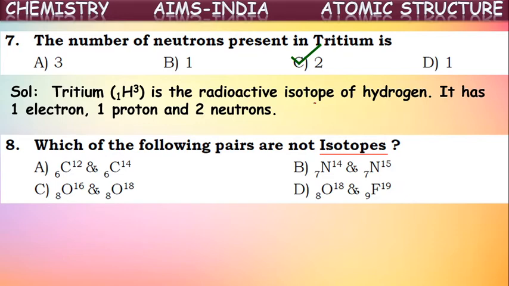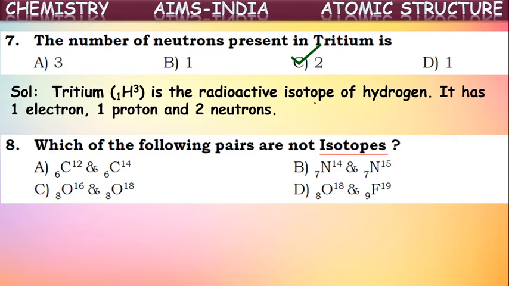These 3 are called isotopes. So what is common in them? They all belong to the same element. That means they have the same atomic number but they differ in mass number. So the atoms which have the same atomic number but different mass numbers are called isotopes.